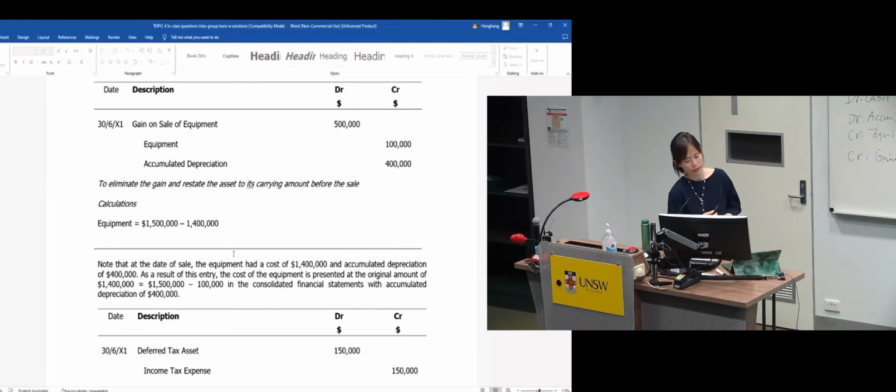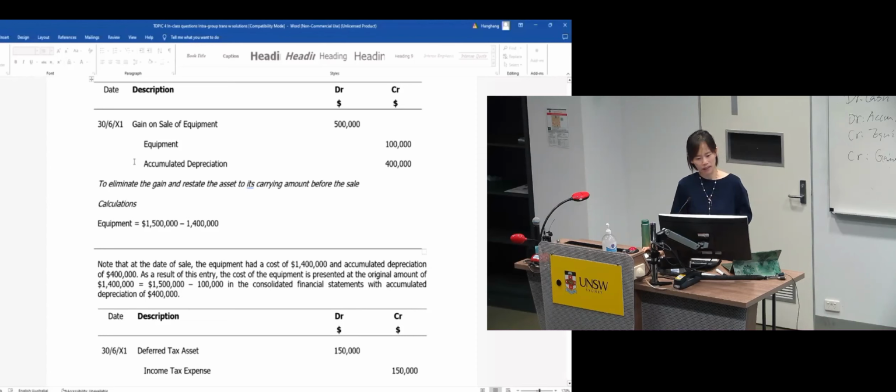This results in a deferred tax recognition of 150,000, that is 30% of 500,000. Okay. Anything else? Is that all for our worksheet entries in year X1?